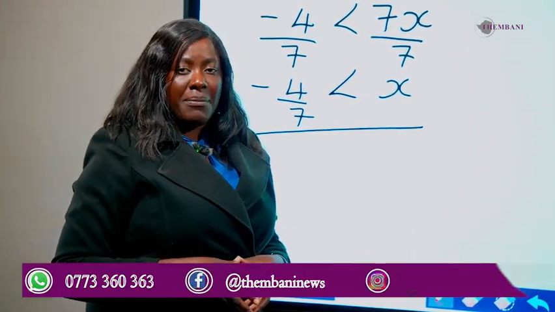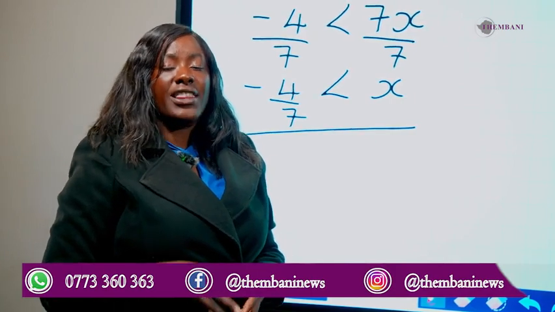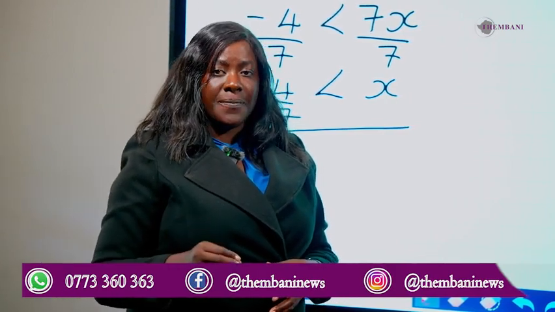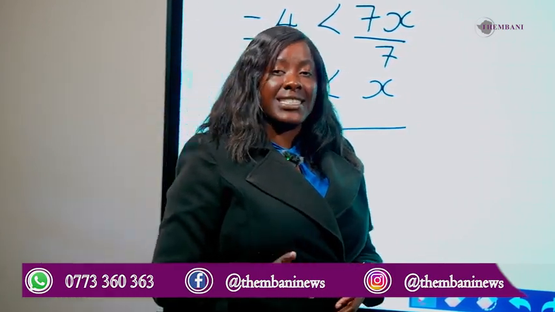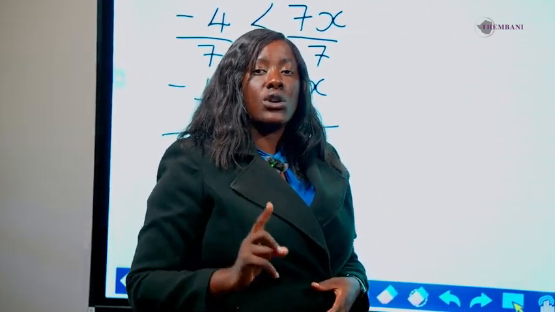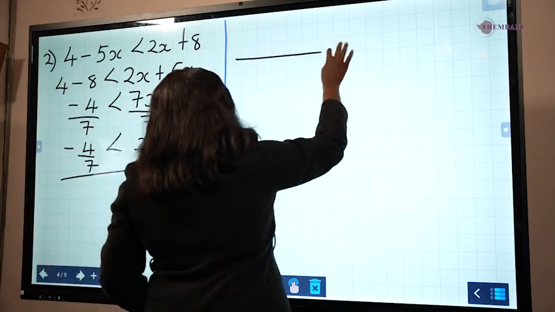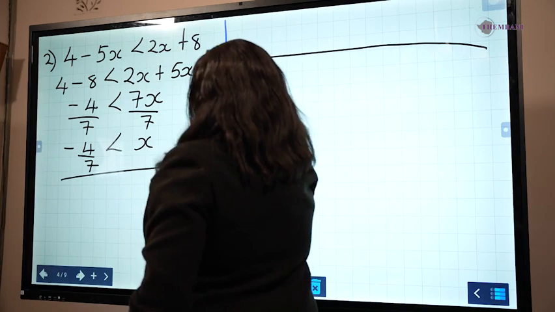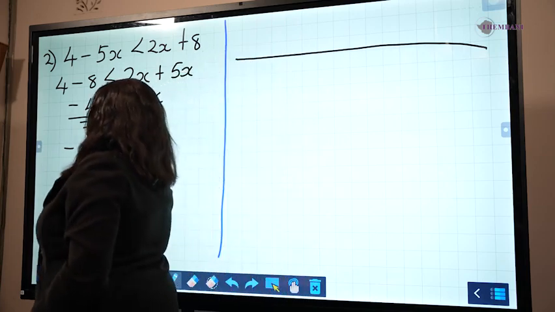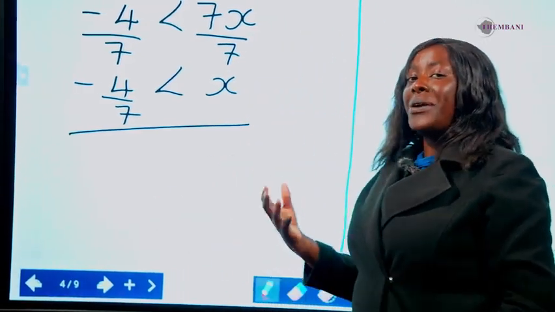Then after getting this solution, I'm now going to represent it on a number line. After representing on a number line, I'm then going to do again the solution set using integers. Remember I said integers are positive or negative whole numbers, including 0. Okay, so I need to have my number line. On my number line, if you were to divide this, you are going to get 0 point something something.